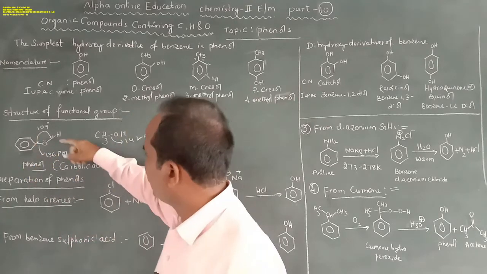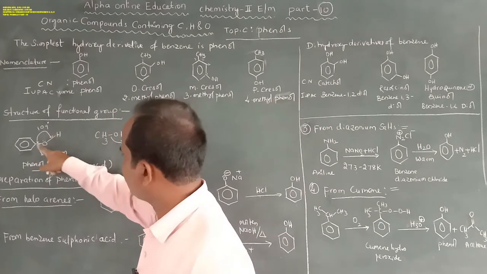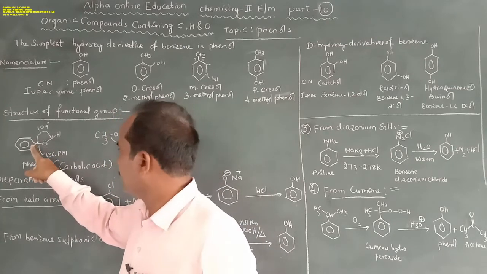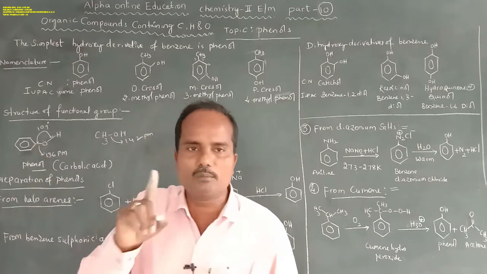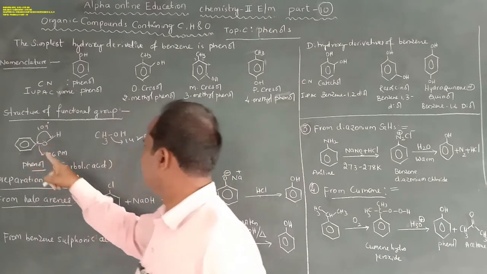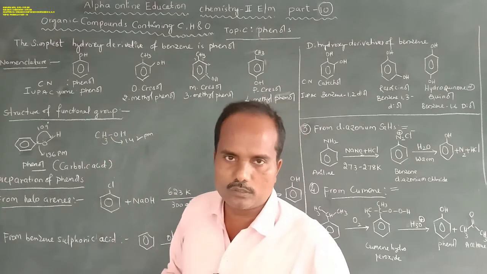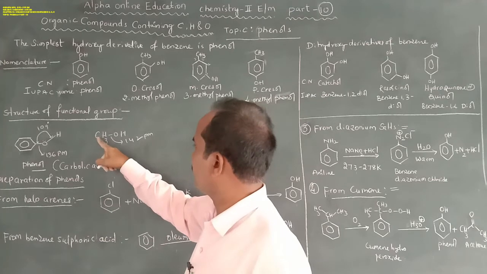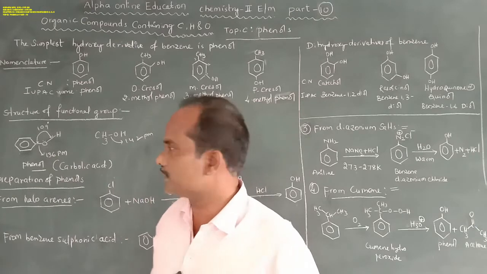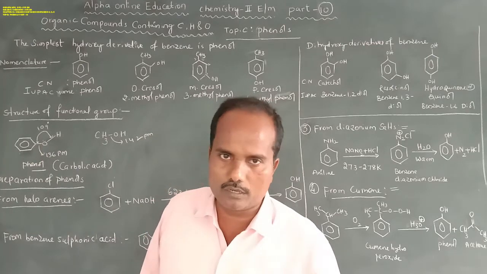Due to this, there is double bond behavior between carbon and oxygen. That's why the bond length is less than in methanol, 142 picometers, whereas in phenol it is 136.